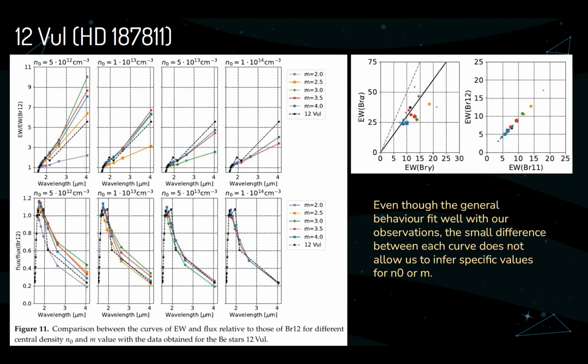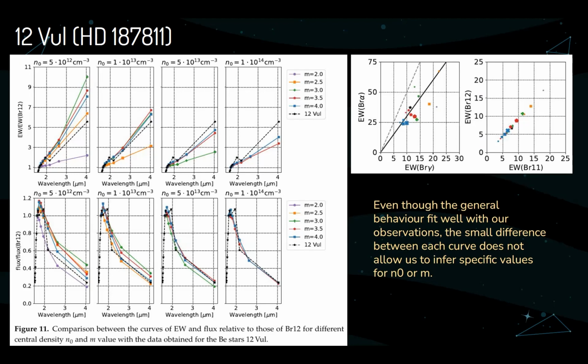And we also overplot another star that is not as close in parameters to the other one, just to know what happens. And here we have more difference between the models that we can fit.